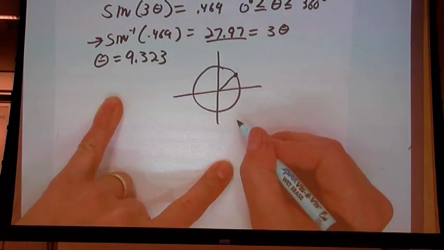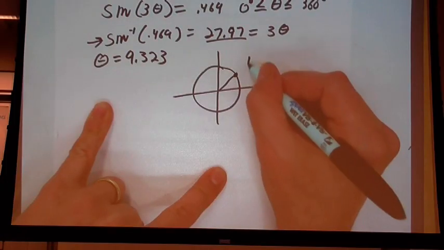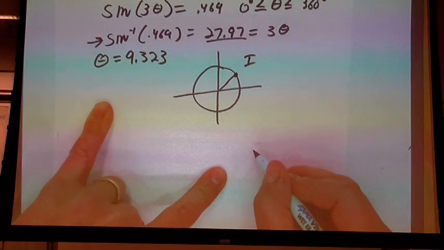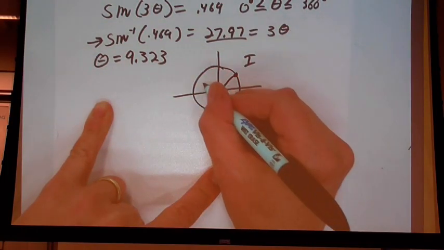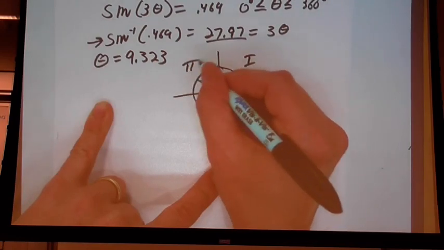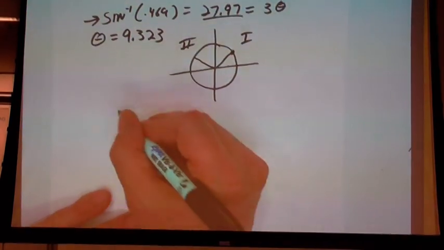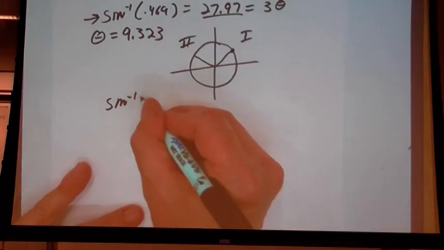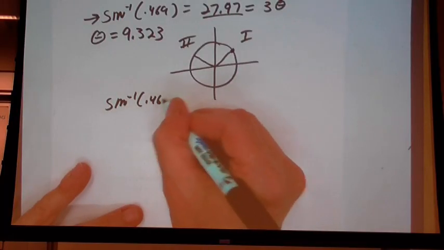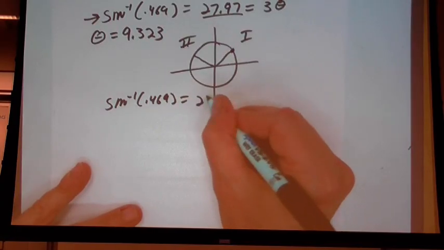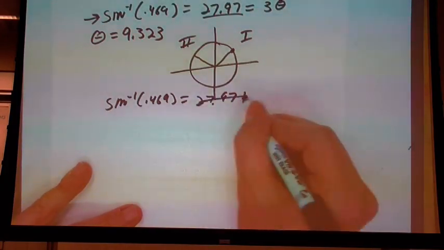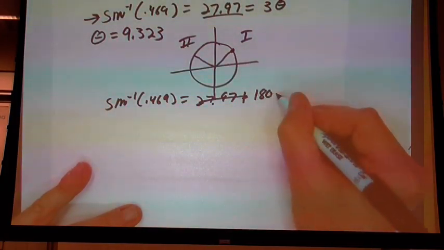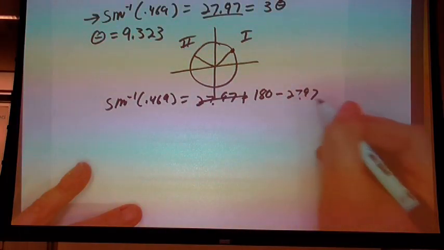But we can also get that in which quadrant? That's the first quadrant. Where else is the sine going to be positive? Second. The second quadrant. So inverse sine of 0.469 is also equal to 180 minus 27.97.